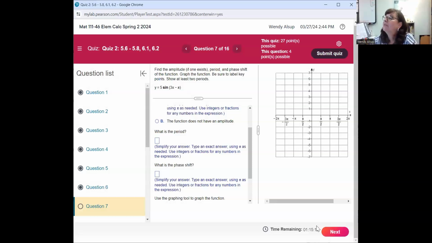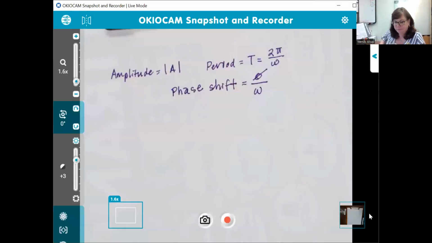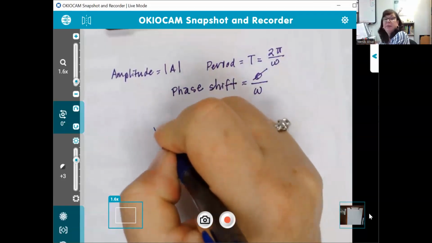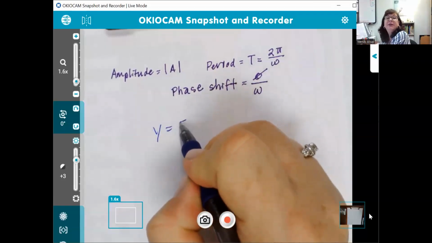All right, 5 sine 3x minus pi. Just real quick, let's review all of our formulas. Mine is y equals 5 sine 3x minus pi, so 5 is my amplitude.